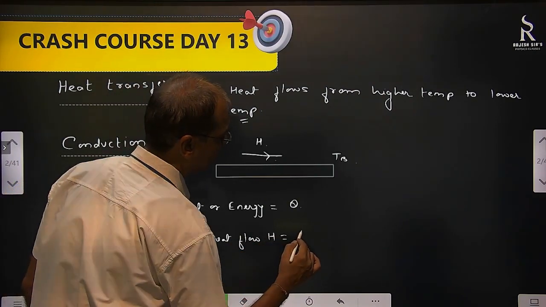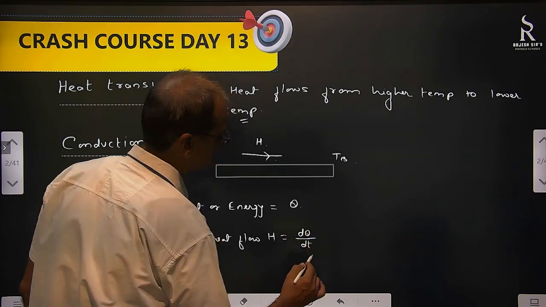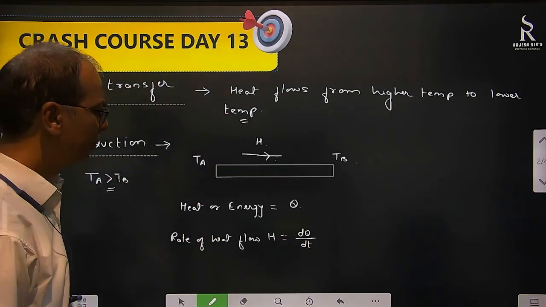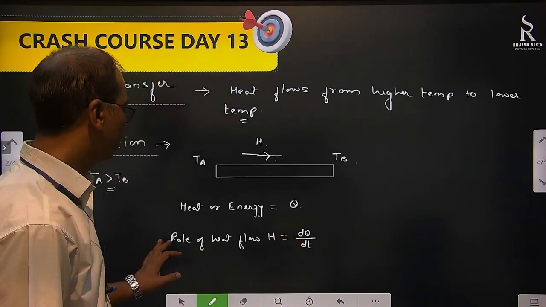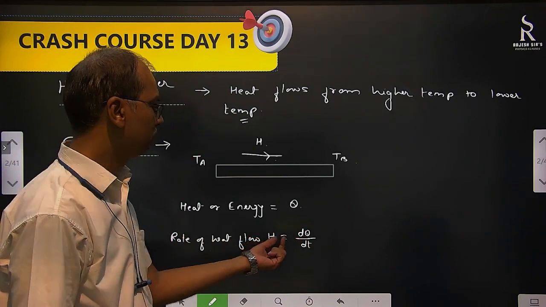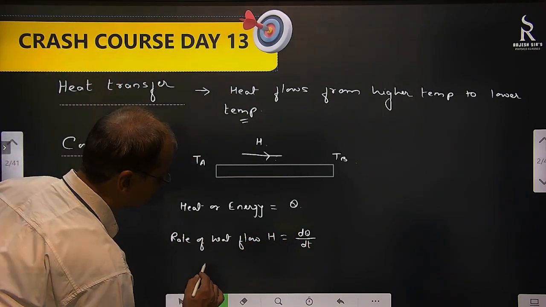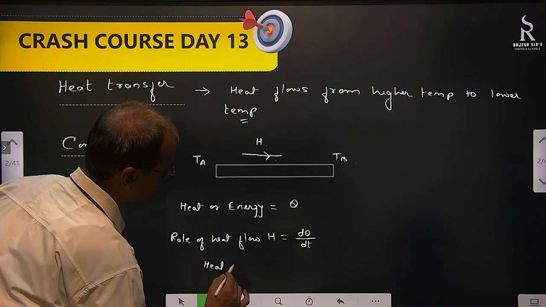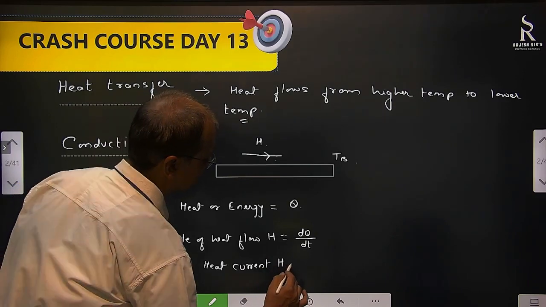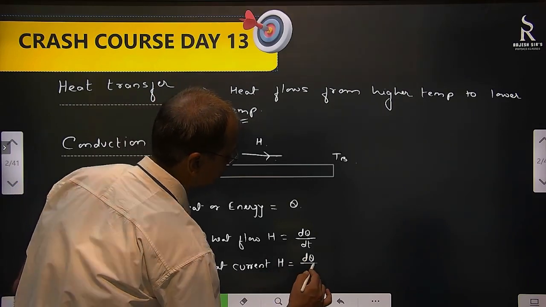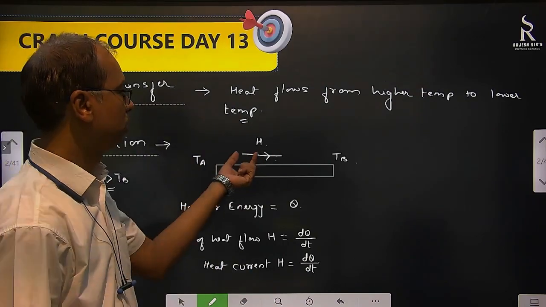That is delta Q by delta t, or you can say dQ/dt. Rate of heat flow is energy per unit time, you can say power also. So the rate of heat flow is H equal to dQ/dt, or we can call it heat current also. So heat current is H.